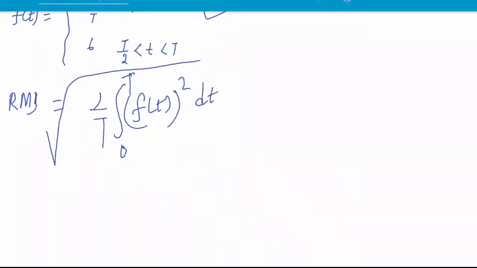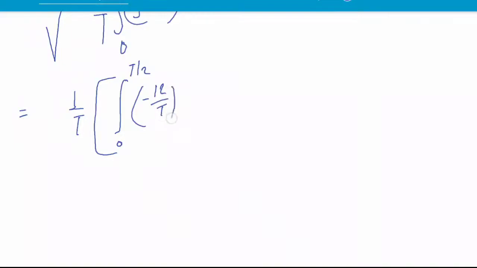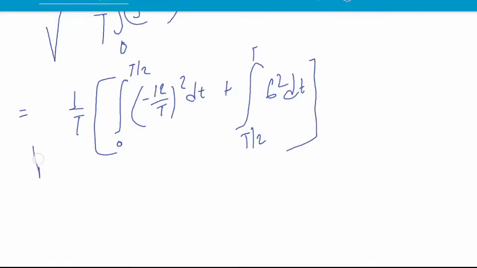Then it will be 1 by T, from 0 to T by 2, one section, minus 12 by T whole square dt, plus from T by 2 to T, 6 square dt, and square root.